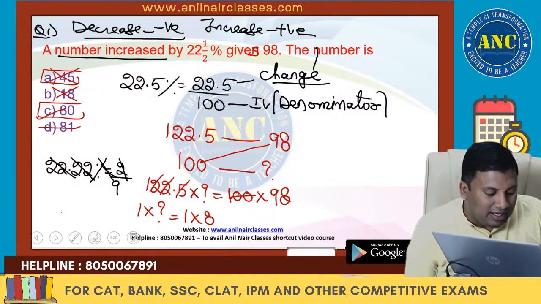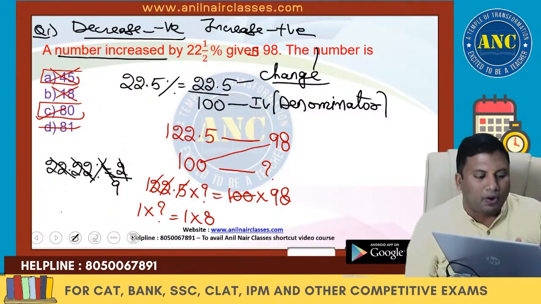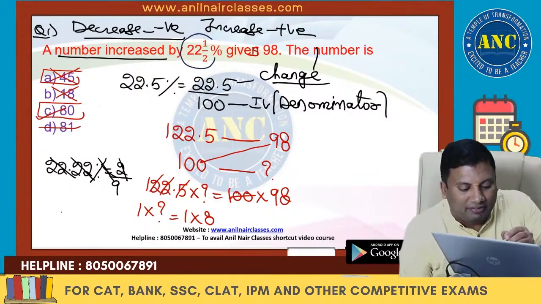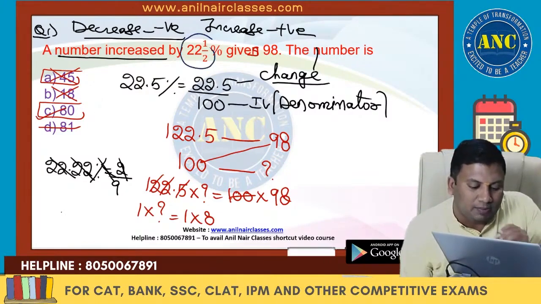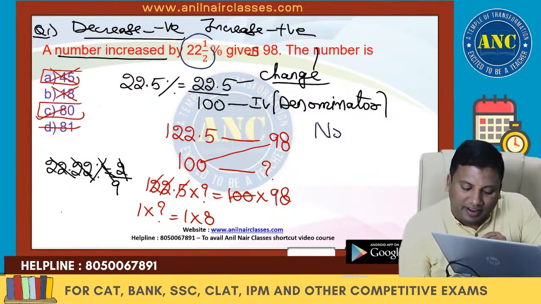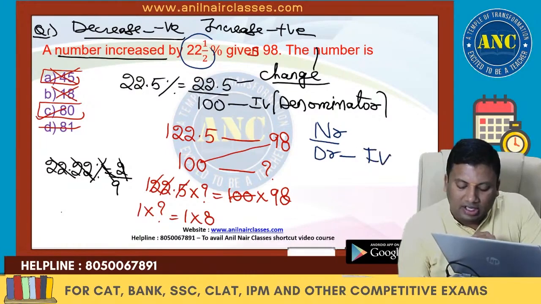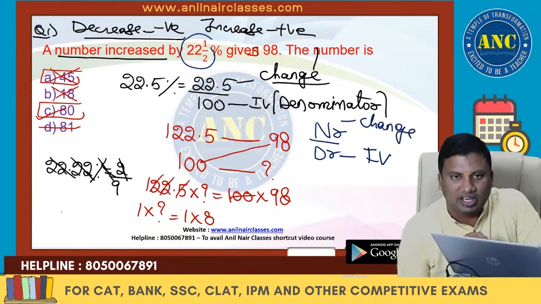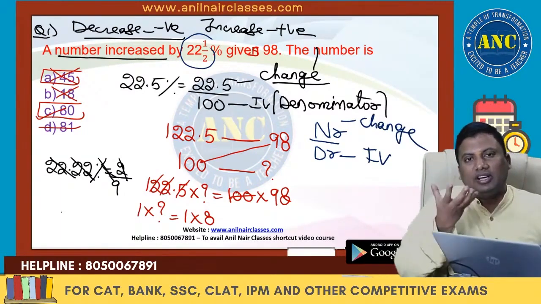A number when increased by 22.5 percent is by 100. Whenever there is a fraction, the denominator is always the initial value and the numerator is always the change. The initial value is 100.